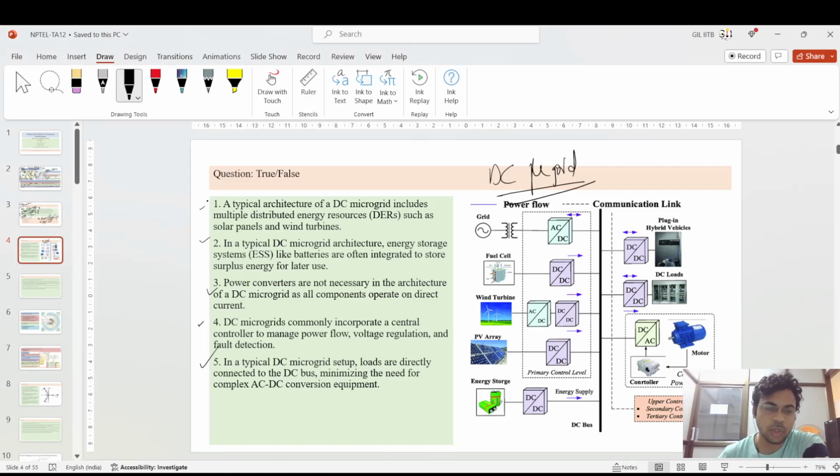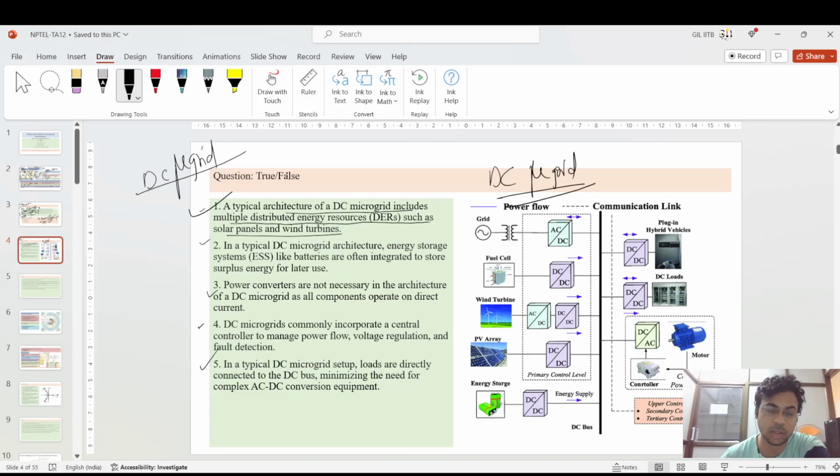Okay, let's read the statements first. Coming to the first statement of this question, it is saying that a typical architecture of the DC microgrid includes multiple distributed energy resources, that is DERs, such as solar panels and wind turbines. That is true, because this DC microgrid can be connected to multiple distributed energy sources.